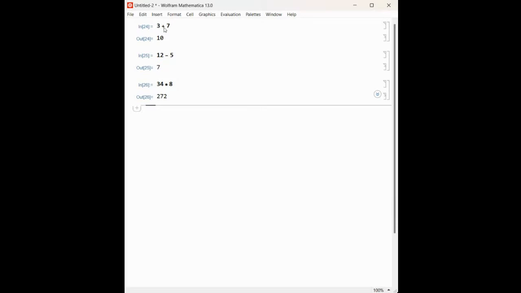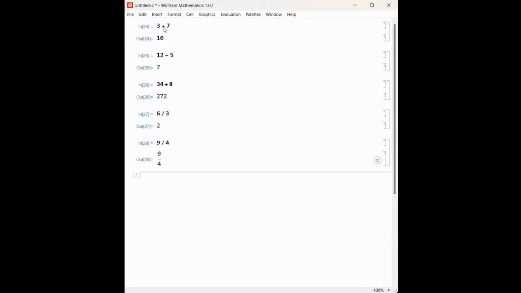Now, if you want to divide, for example, I have 6 divided by 3. This can simplify. But if it is something that you cannot simplify, let me say 9 divided by 4, it gives us the same.